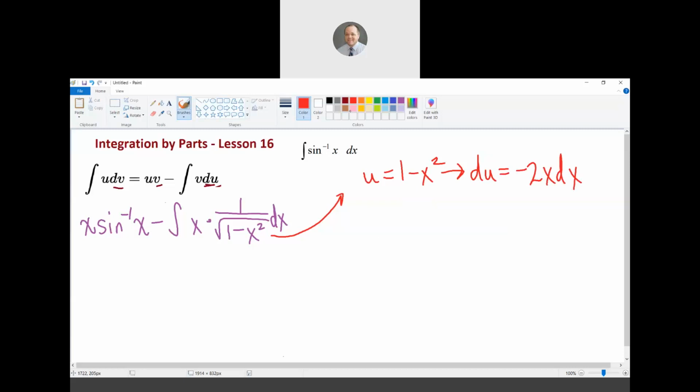Now what we're actually trying to plug in is x dx, but we have this negative 2 attached to it. No problem, we'll just divide both sides of our derivative by negative 2. And that gives us negative 1/2 du equal to x dx.